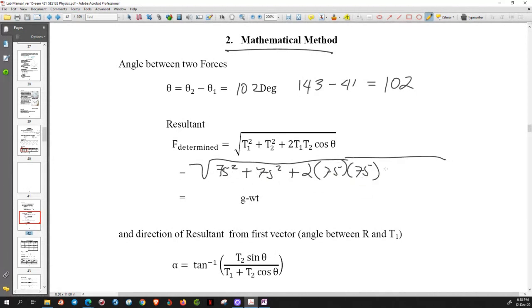Anyone can calculate with me cosine 102. I'll try it in my calculator. Shabab, listen to what I'm telling you before you ask questions, okay? So 75 squared.